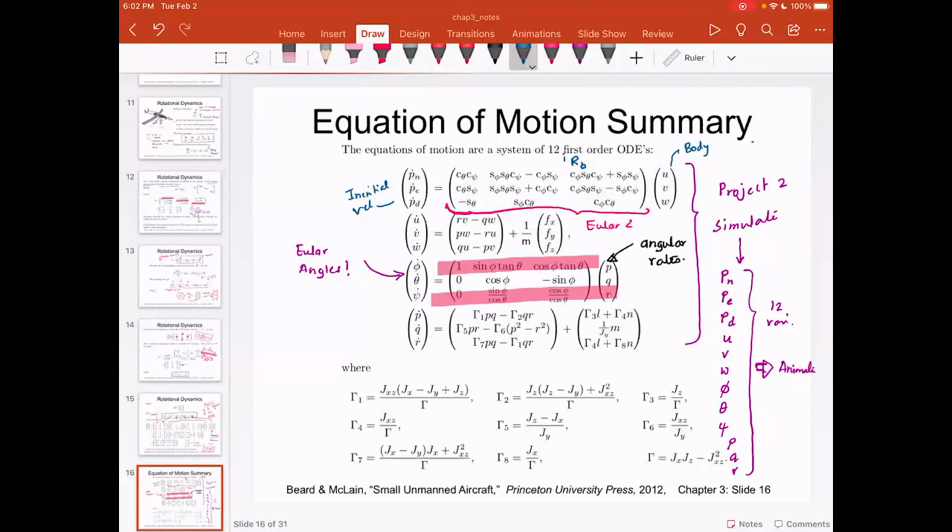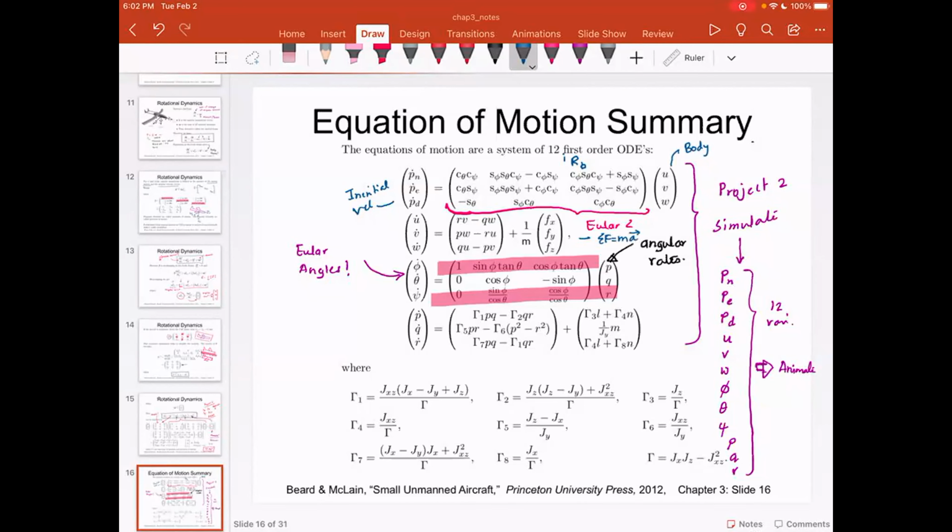Next, we have Newton's law: summation of forces is equal to mass times acceleration.